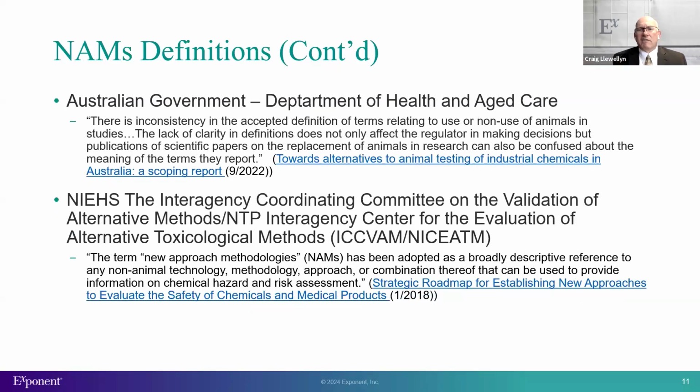The Australian government, in an odd place, albeit, does have those references. And then we have actual committees focused on this here in the U.S. The NIH, NTP, ICCVAM, and NICEATM committees are really focused on what we can do to enhance our abilities to streamline the process and to come to better assays, but also making sure that they're fit for purpose and we're not going to be doing something that's detrimental to people in the long term.